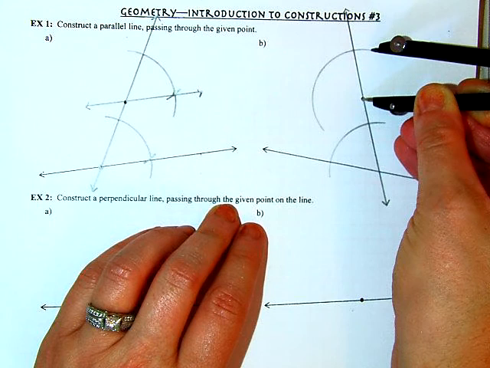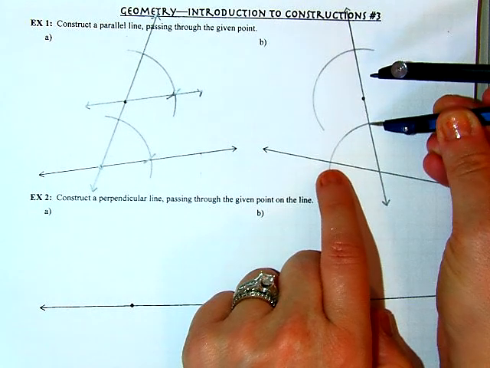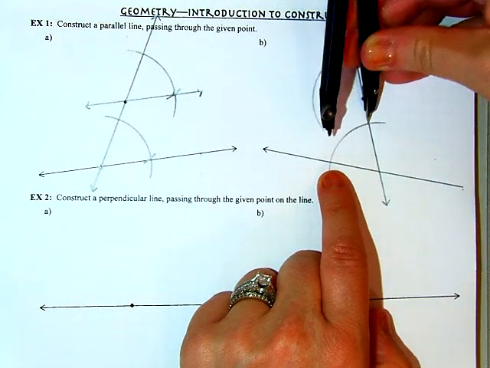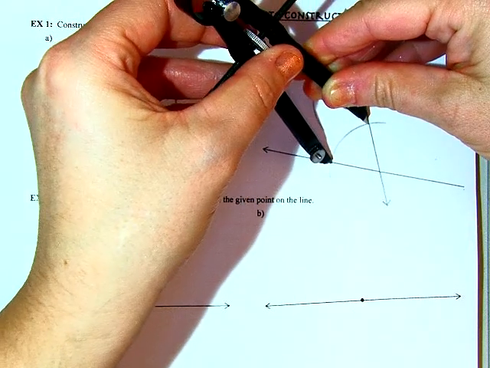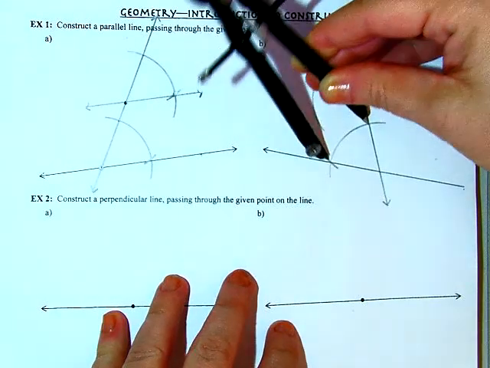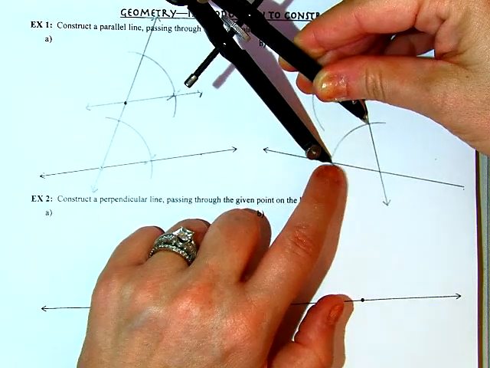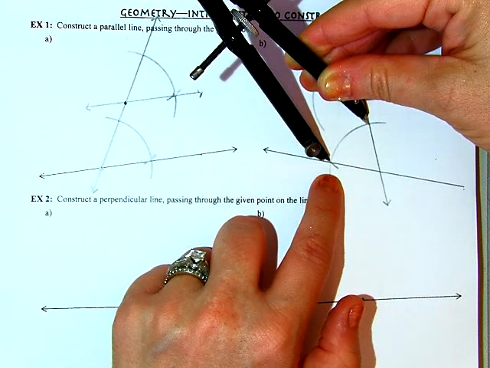Just like so. Okay, now I need to have my compass open to this width. So I have my needle here, I'm going to open it to this width right here. I want to check it just like so. So again, if I had my needle here, pencil here, it's going to be the same width. I'm just checking to make sure I'm in the right spot.